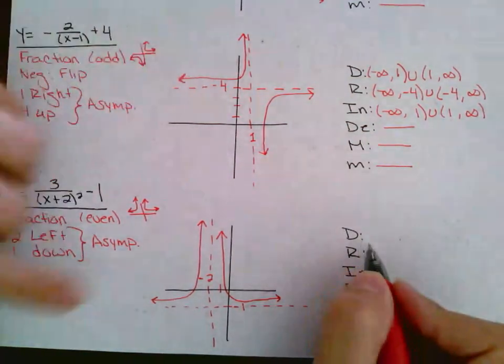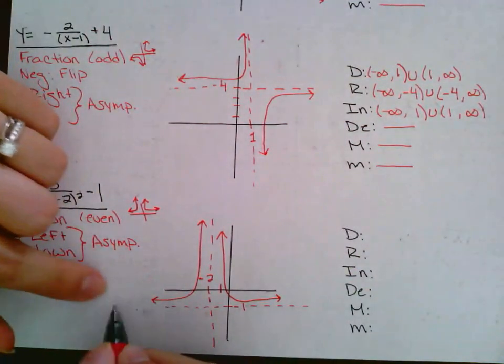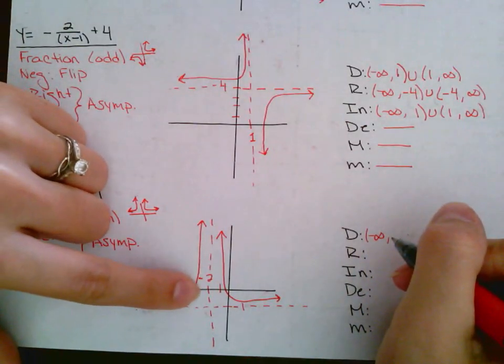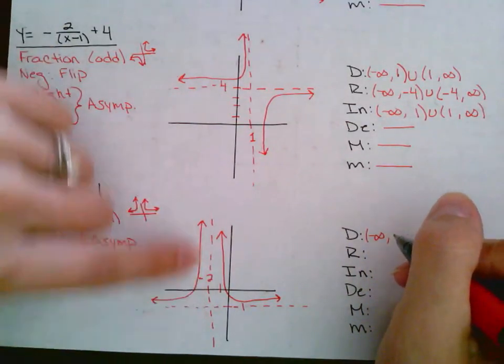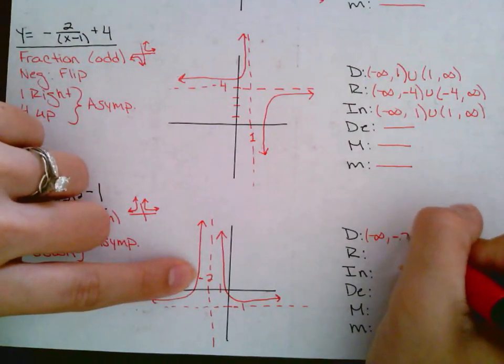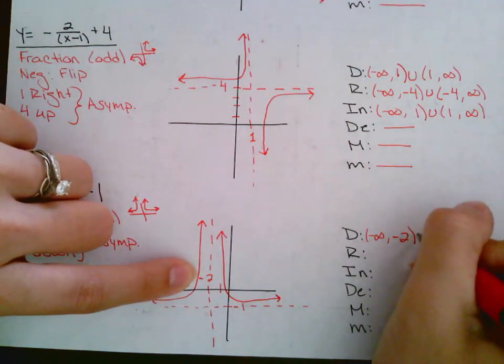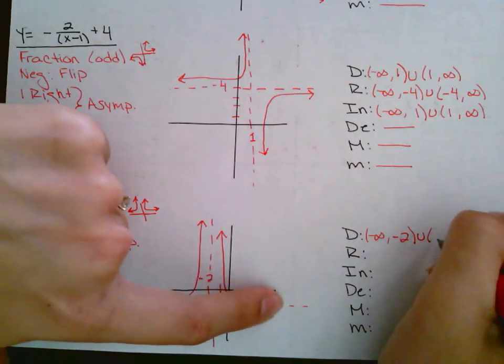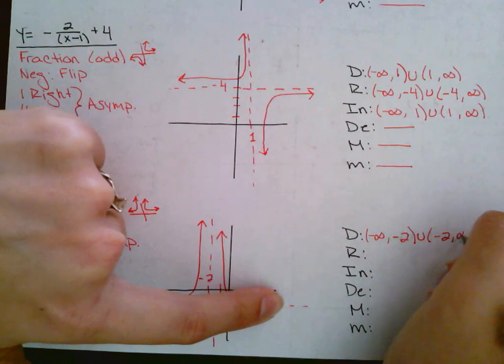All right, so domain, furthest left, this arrow goes on forever to the left, so negative infinity. And it exists everywhere except at this asymptote. It approaches negative 2. And then after negative 2, approaching it, it still continues existing on to the right, always.